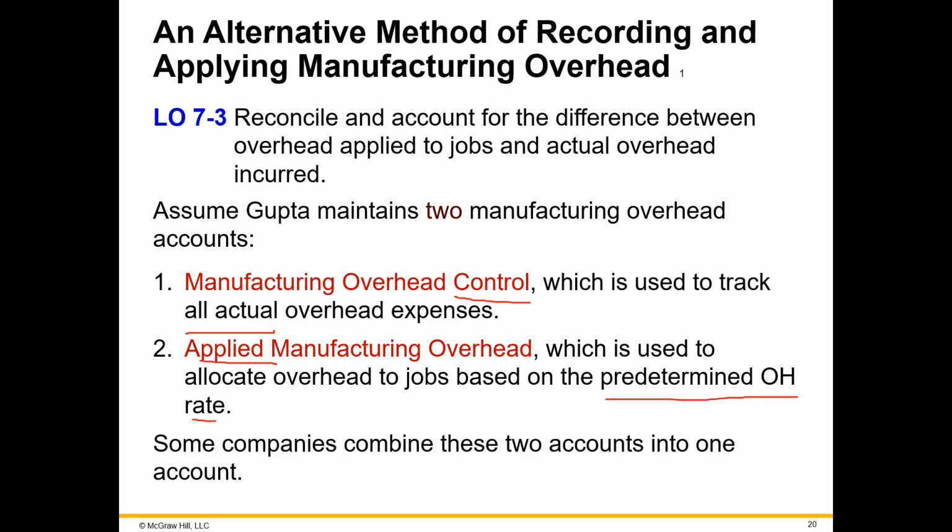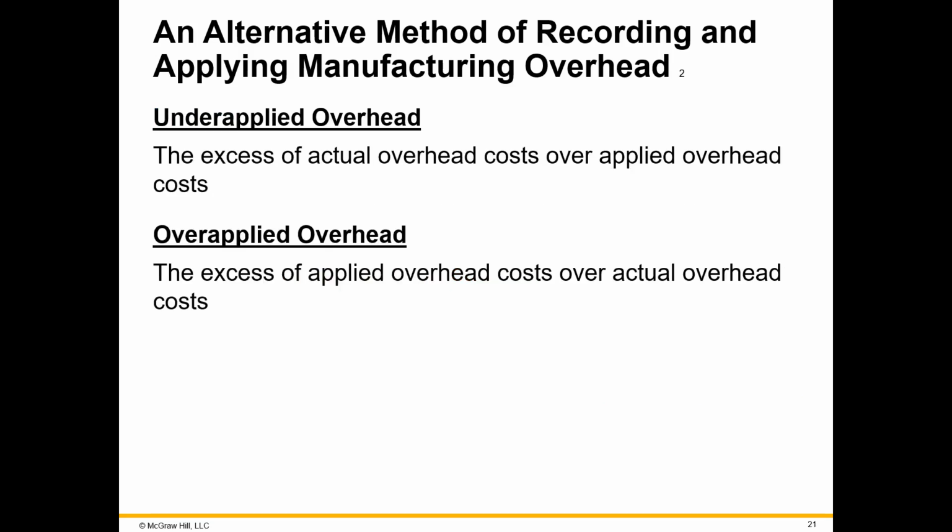Or if we under-applied overhead, we're going to have to increase our expense accounts. So again, under-applied overhead means that we incurred more overhead than we allocated to these jobs, and over-applied overhead means that we allocated too much. So our predetermined overhead rate might have been a little bit high.